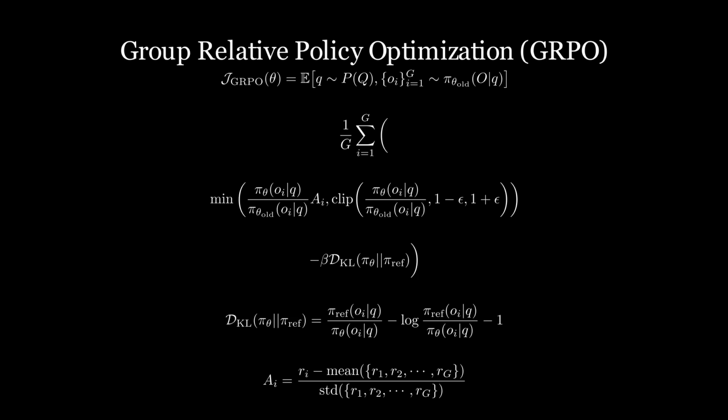The GRPO objective, denoted as capital J sub GRPO of theta, is the expectation over two things. First, the query Q sampled from the distribution P of Q, and second, the group of observations O sub i sampled from the old policy, denoted as pi of theta old, conditioned on Q. This expectation is multiplied by 1 over G, where G is the group size, and summed over all observations from i equals 1 to G. Within this summation, we take the minimum of two terms.